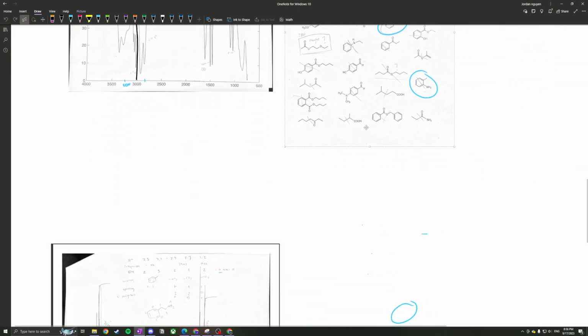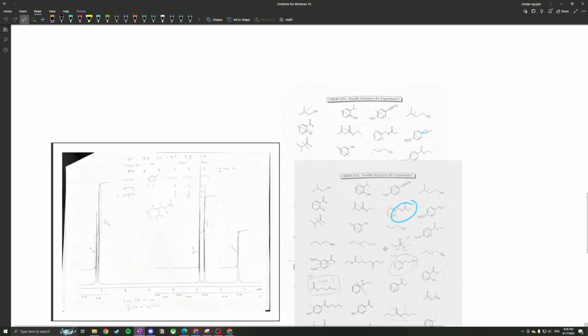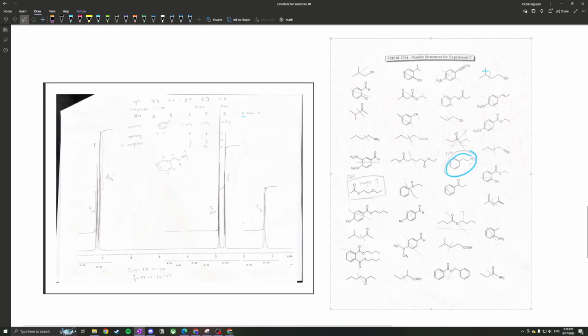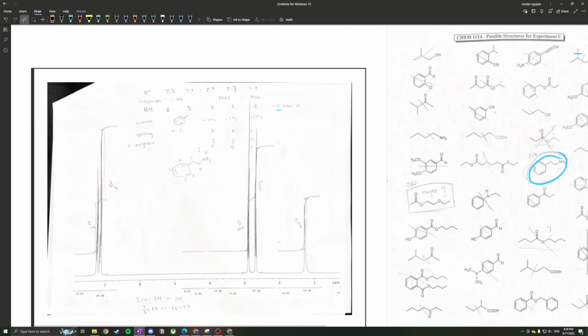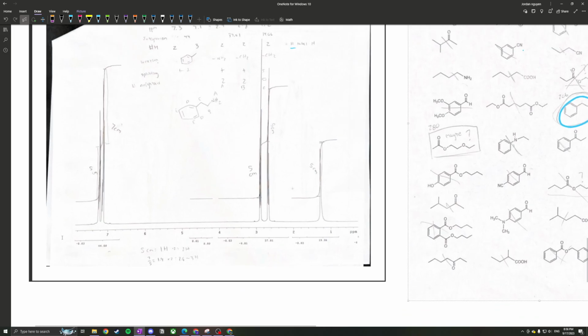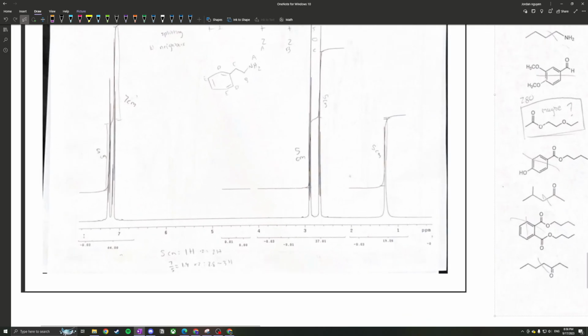Now if I go down to my NMR, this NMR I kind of struggled on. I also had to measure the height of the peaks, because it gave me the integrations at the bottom, but not for the individual peaks, just for the longer entire peak.